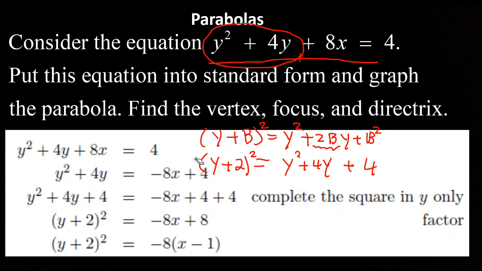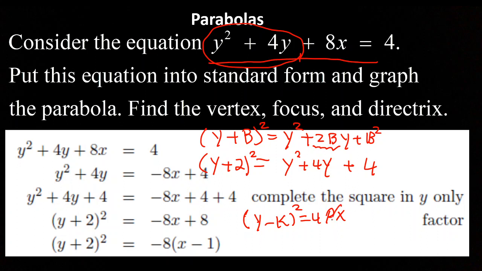You learned that in algebra. So we're going to add 4 here and add 4 to the right hand side. This would be (y plus 2) squared, and this would be negative 8x plus 8. Now, this doesn't look like our formula, which is (y minus k) squared equals 4p(x minus h). So we have to make it look like that.